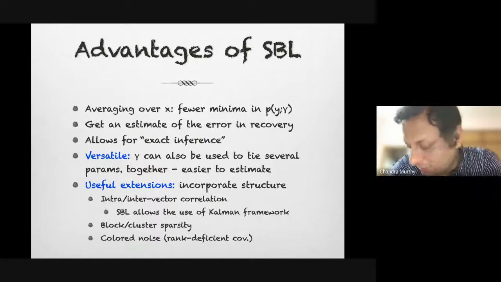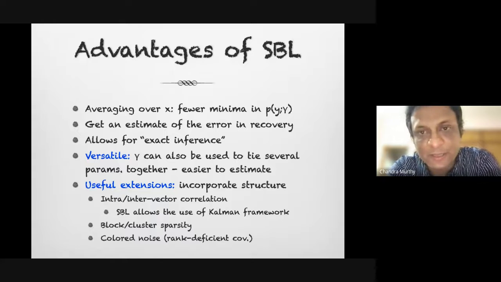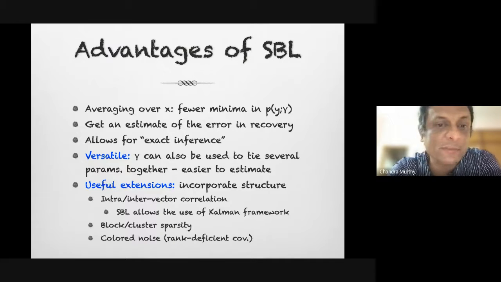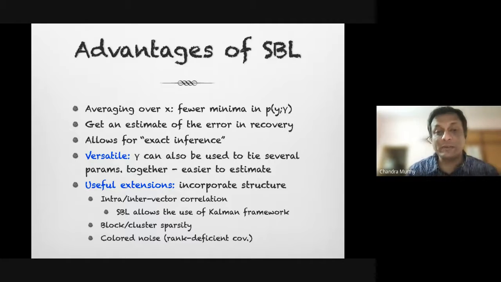So the advantages of this sparse Bayesian learning is that inherently when you're trying to estimate gamma, you're averaging over a parameterized distribution of X, but nonetheless you're averaging, so that is smoothing out a lot of the local minima. So it has much fewer local minima, and you can actually get an estimate of the error in recovery.